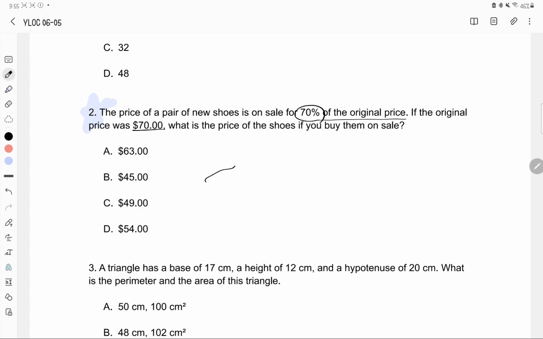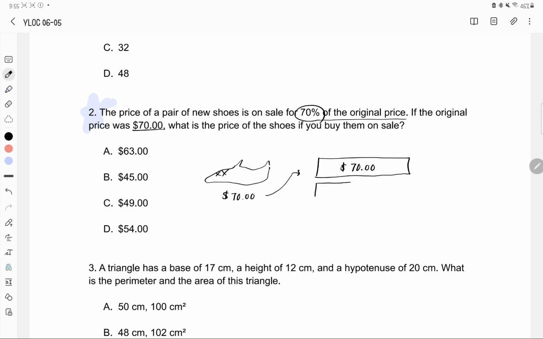So you have shoes right here, and this is $70, right? If you visualize the $70, it's going to be like this. The whole thing is 70. And it says that you're only paying 70% of the $70.